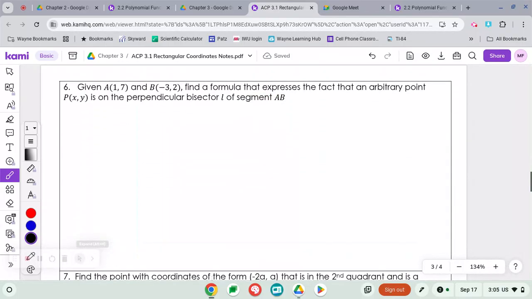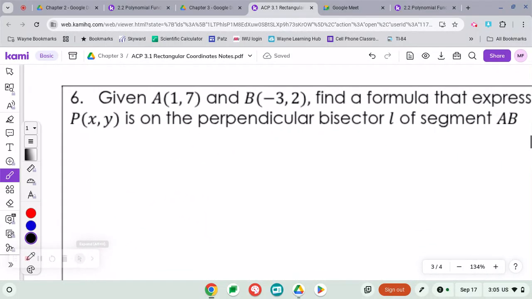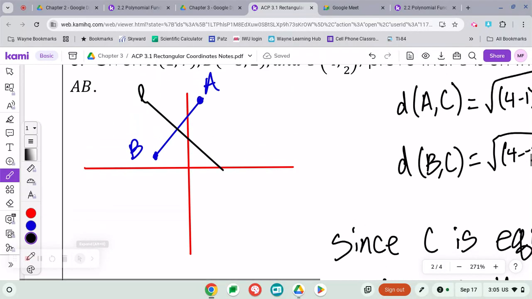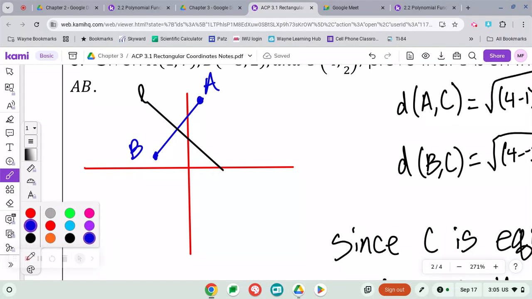Okay, so just like what we did yesterday, we know if some point is on the perpendicular bisector, remember we said it has to be equidistant from both A and B. Why is that? Well, let me use green so it stands out. If some point is here on the bisector, that would form a right angle here.